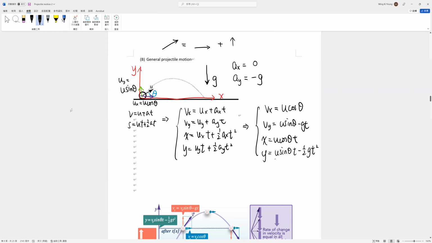Any questions for these four equations? We need to make use of these four equations to solve all the other stuff from now on.